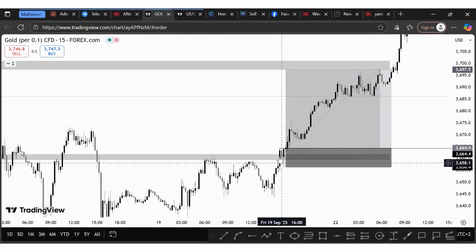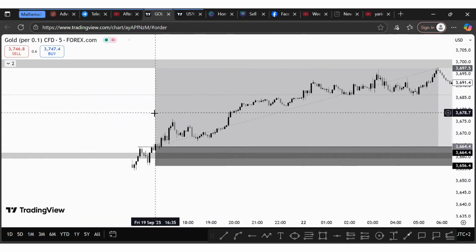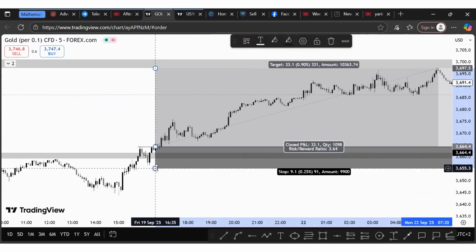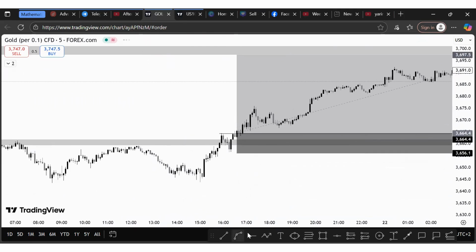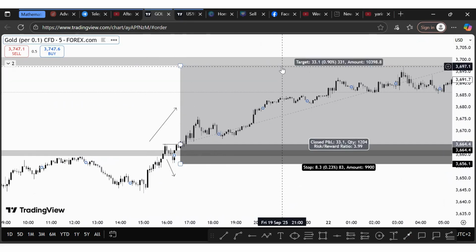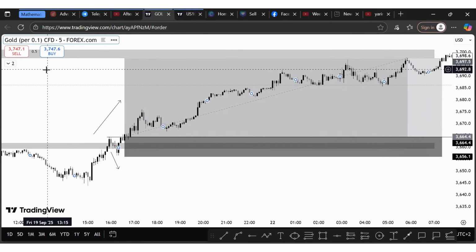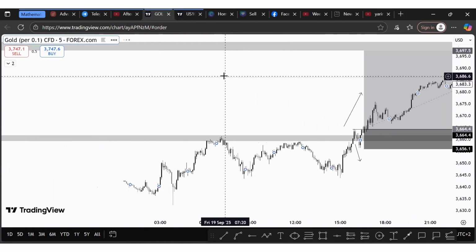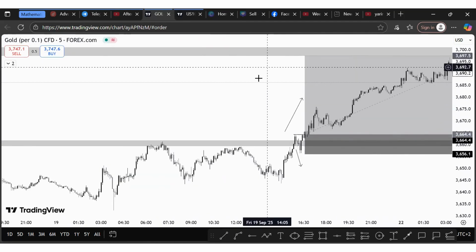But for me, I prefer to put my stop loss just under this higher low which was created, which we know that anything below this level of resistance would be bearish, and anything above it would be bullish. Because I'm taking longs, and we know that overall the chart is bullish on the 4 hour, we needed that break above these highs to confirm the bullish movement to the upside.